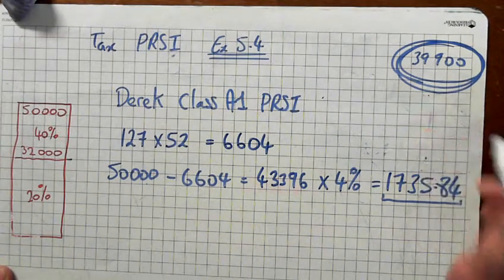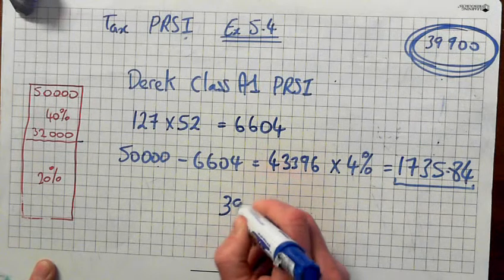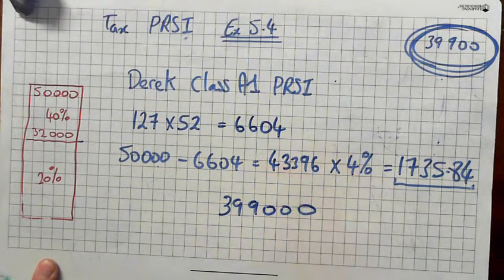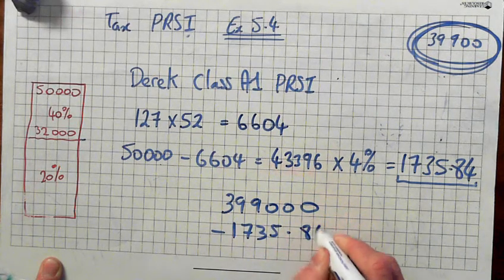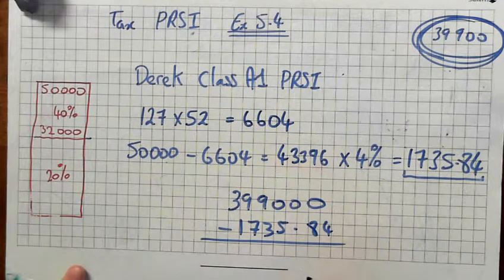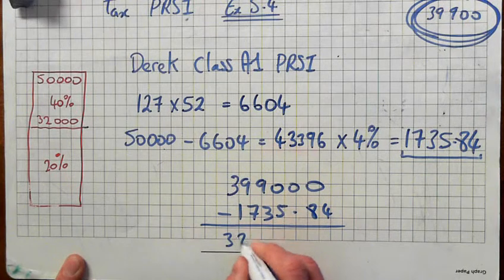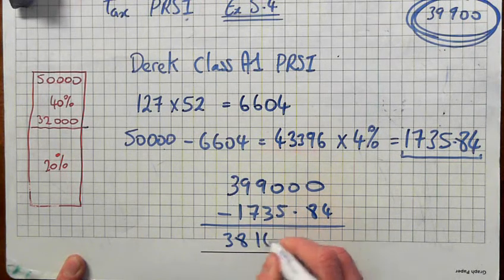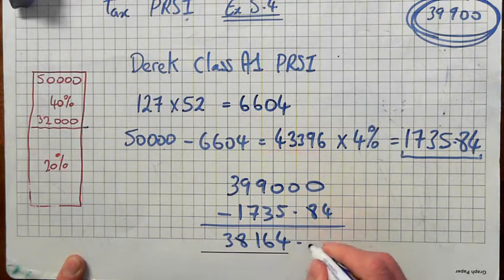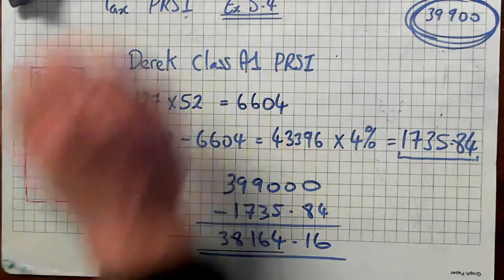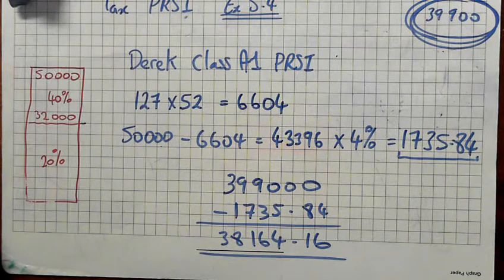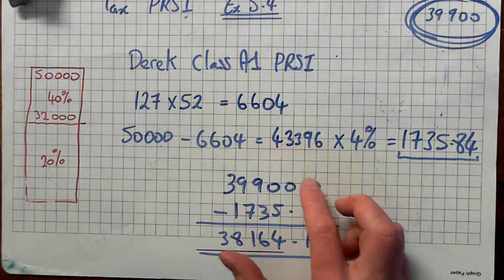So we subtract that amount from it, where we get 38,164.16. That's after taking off PRSI. It's just a decimal place. 39,900. Right.